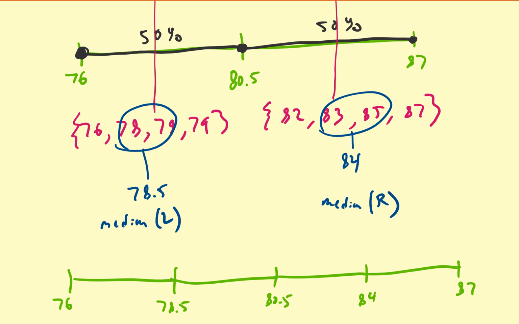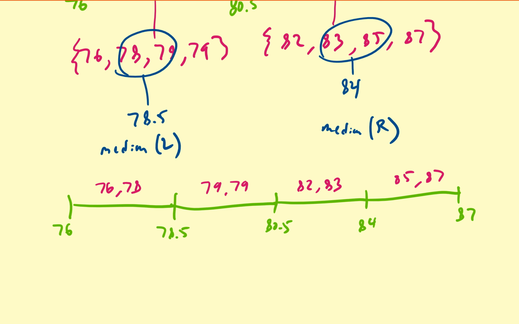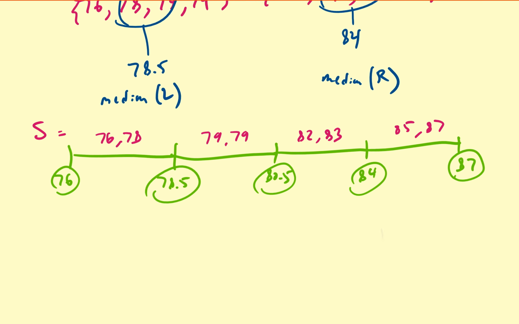If I group these data points here, I'm going to have 76, 78, 79, 79, 82, 83, 85, and 87. Notice that these 5 numbers, 76, 78.5, 80.5, 84, and 87, partition the data set into 4 equally sized sets.